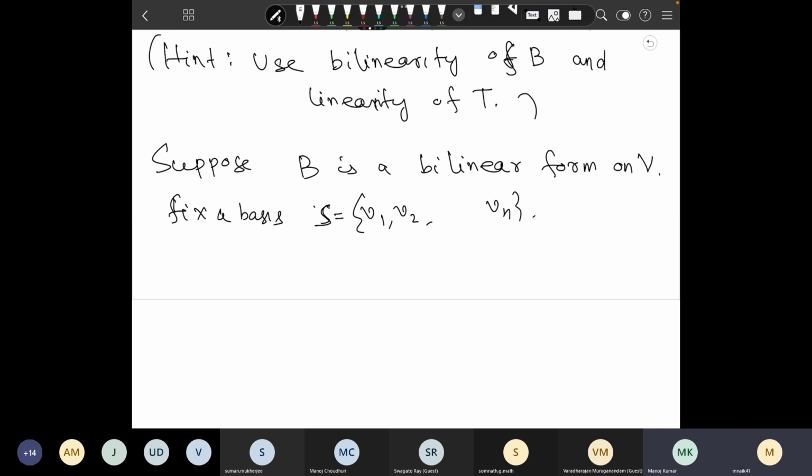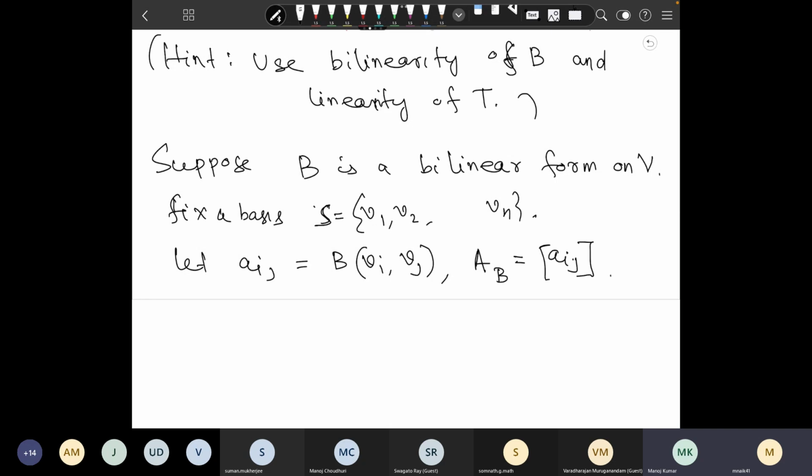So I define a matrix: let A_ij be B of (v_i, v_j). I define a matrix A with respect to this bilinear form B, A_B. This is A_ij.